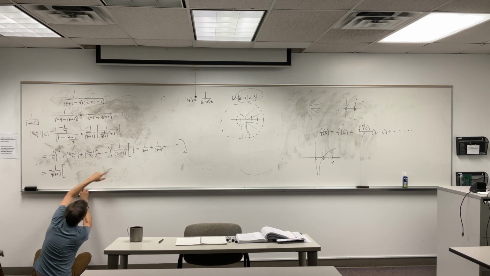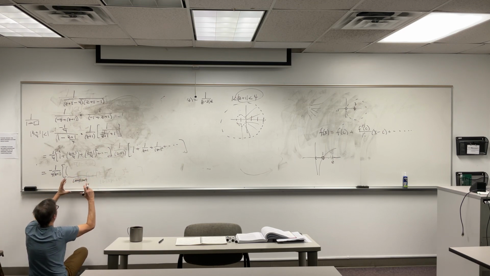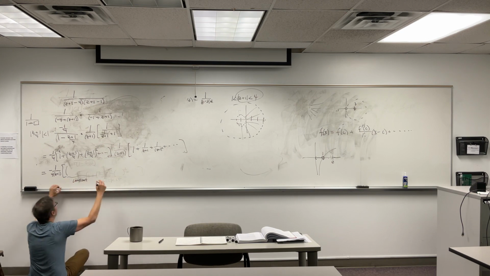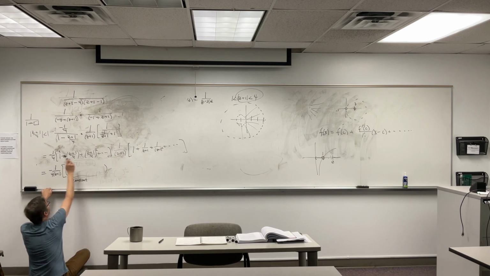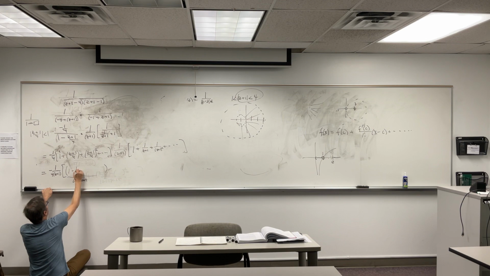So 1 times 1. First off, I'm just going to put the constant right here, and then I would have to do the same thing for the z plus 1 to the first terms, z plus 1 squared terms, and we're going to get an infinite series for each of these. So 1 times 1 is 1. This times the second term over there is a quarter.